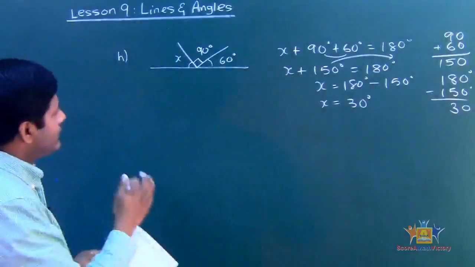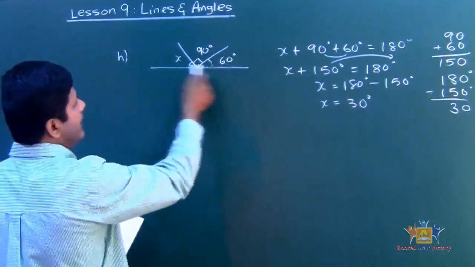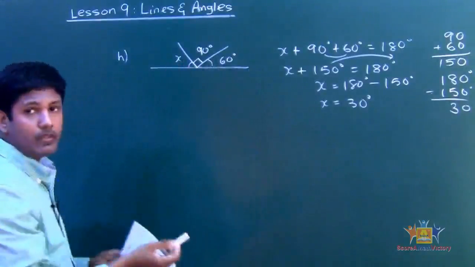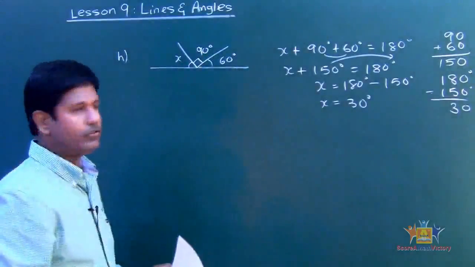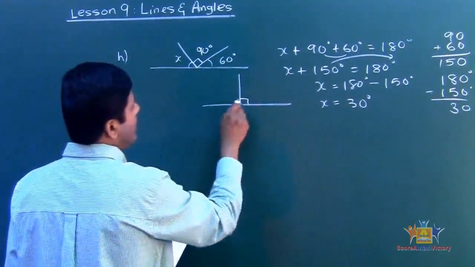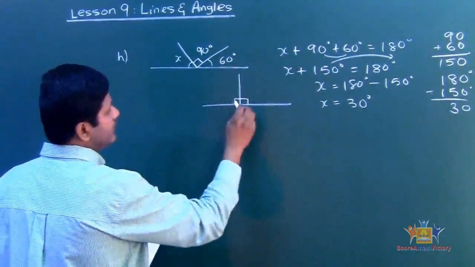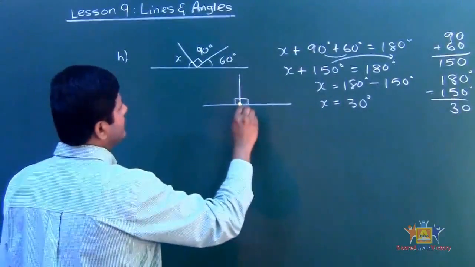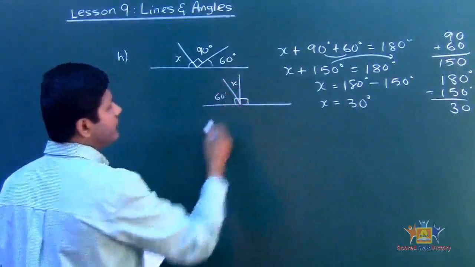Okay, now there is another way of doing it. You know that this is 180 degrees, and in 180 degrees you were already told this is 90 degrees. So in other words, this is the other 90. See that, 90, 90? So the other half is going to be 90. In other words, this is x and this is 60, that's what I'm looking for.